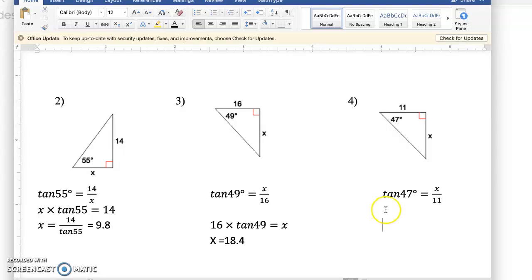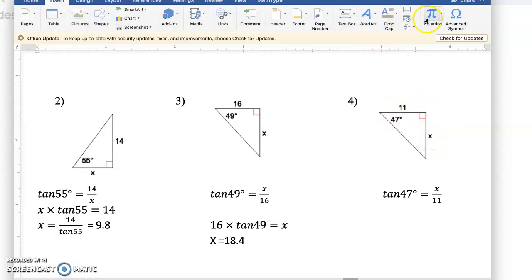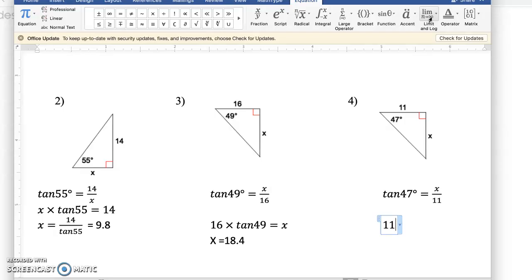Same exact concept in the last example. We have the tangent of 47 degrees. Opposite that is X. Adjacent to it is 11. So the work that you would write down is 11 times the tangent of 47 is equal to X. Just to review, when you cross multiply, X is being multiplied by 1 here because there's no denominator.